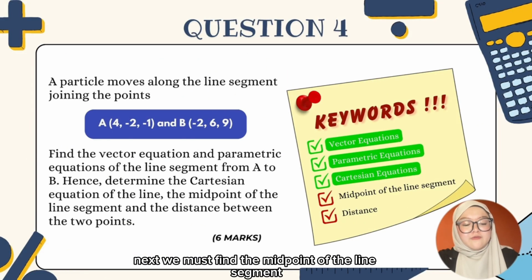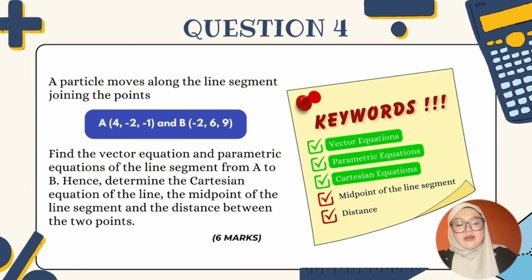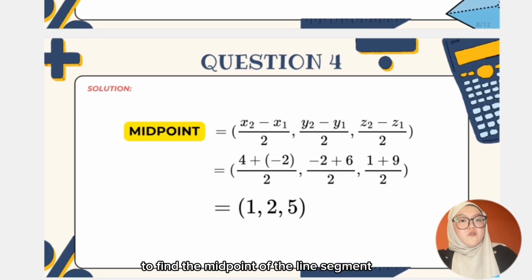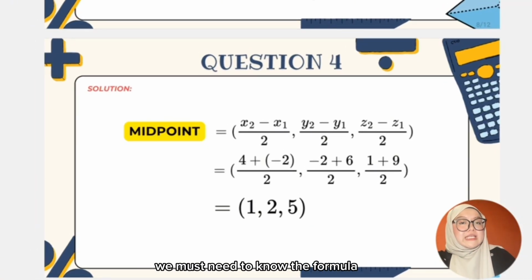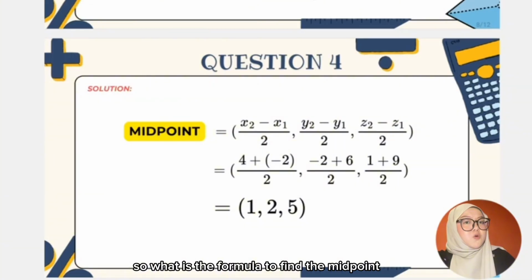Next, we must find the midpoint of the line segment. To find the midpoint of the line segment, we need to know the formula. So what is the formula to find the midpoint?